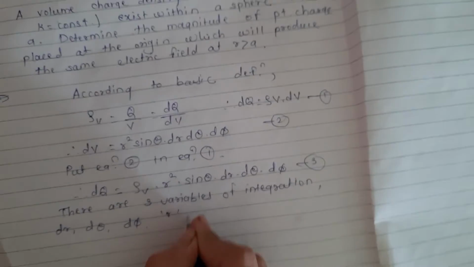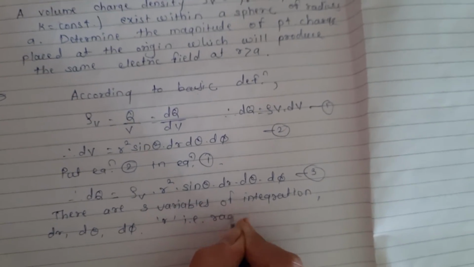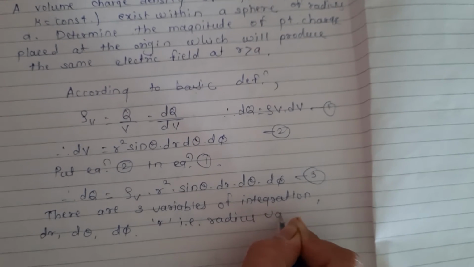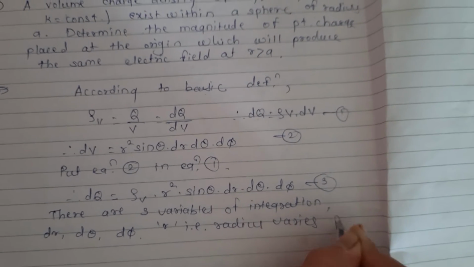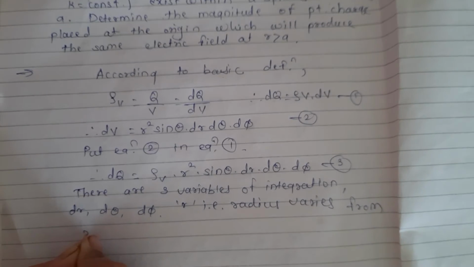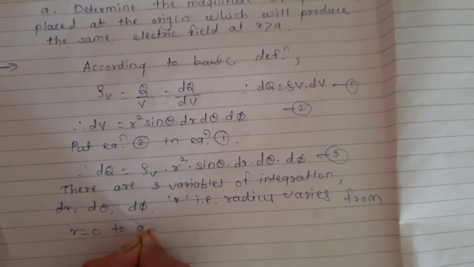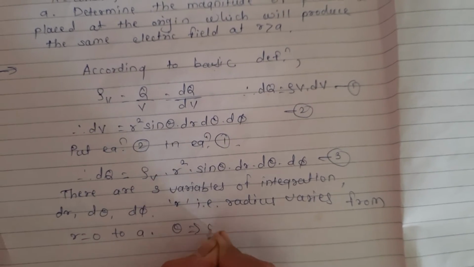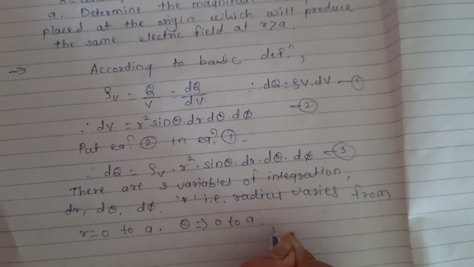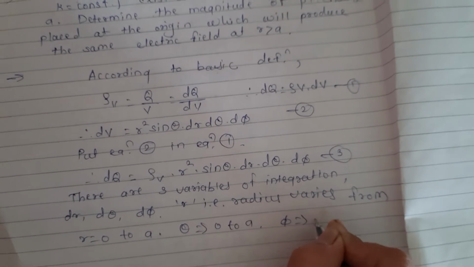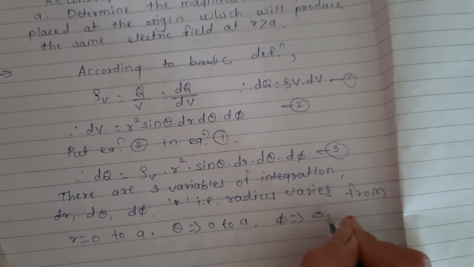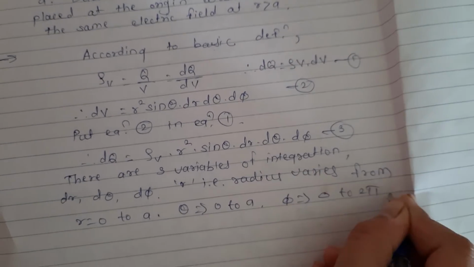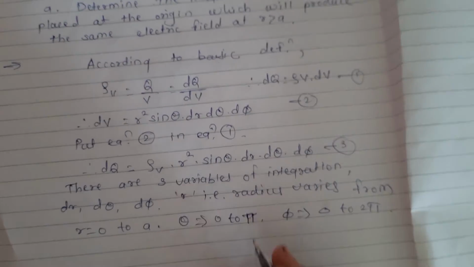R, that is the radius, varies from 0 to a, theta varies from 0 to pi, and phi varies from 0 to 2 pi.